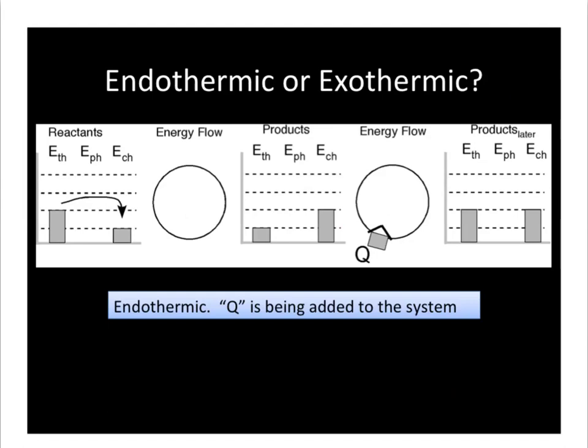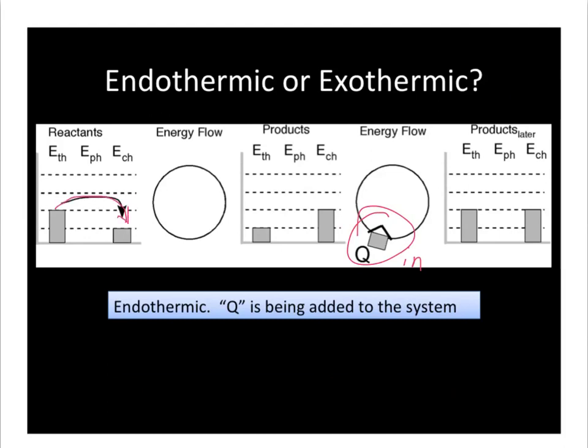Okay, so is this reaction an endothermic or an exothermic reaction? Okay, we see this as being endothermic. But if we walk through this, we take this energy and we are going to put it over in the chemical.